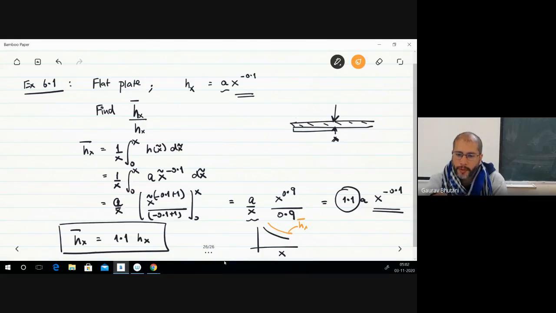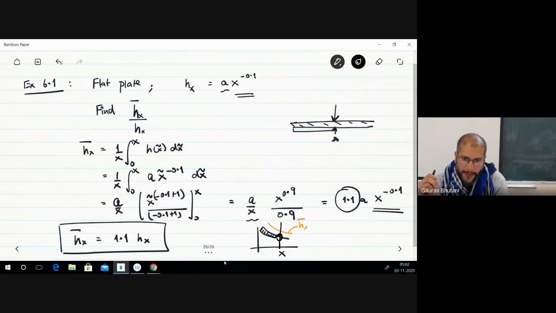So if I was to calculate the Hx value at a given x, that is definitely going to be less than the average value of Hx from x equal to 0 to that point, because the function is decreasing. So its average value from 0 to x is definitely going to be more than the local value at that x.